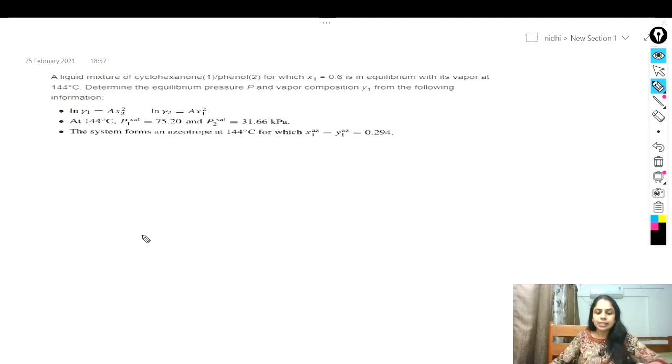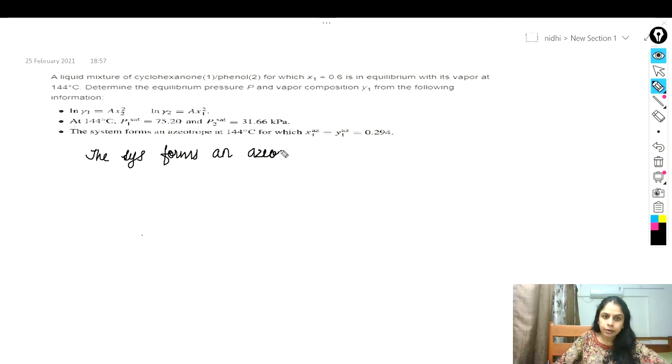Okay, so let's start. The first thing is the system forms an azeotrope. For an azeotrope, we know that y is equal to x at this temperature, and the temperature is 144 degrees centigrade.